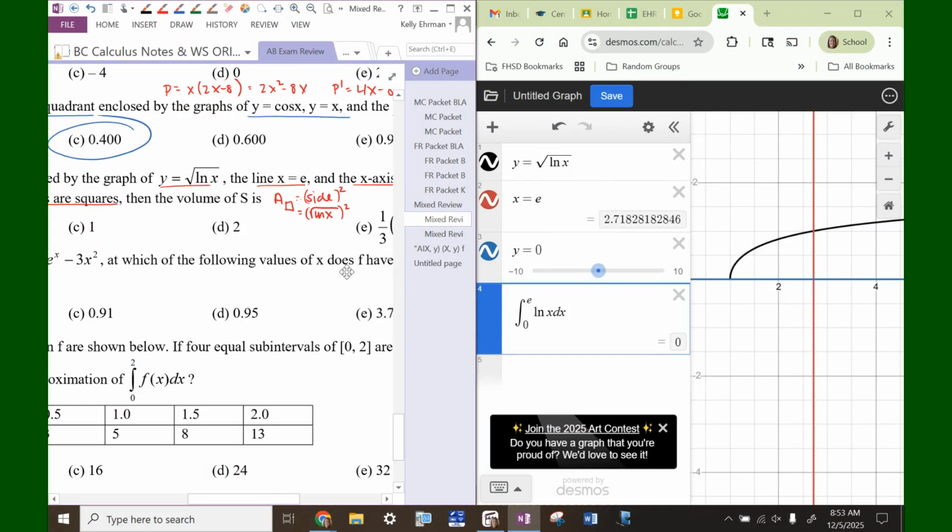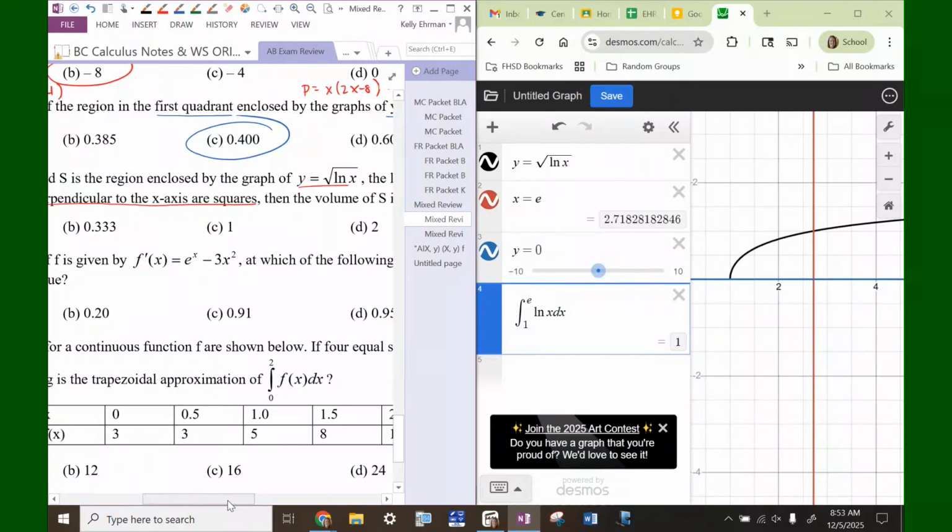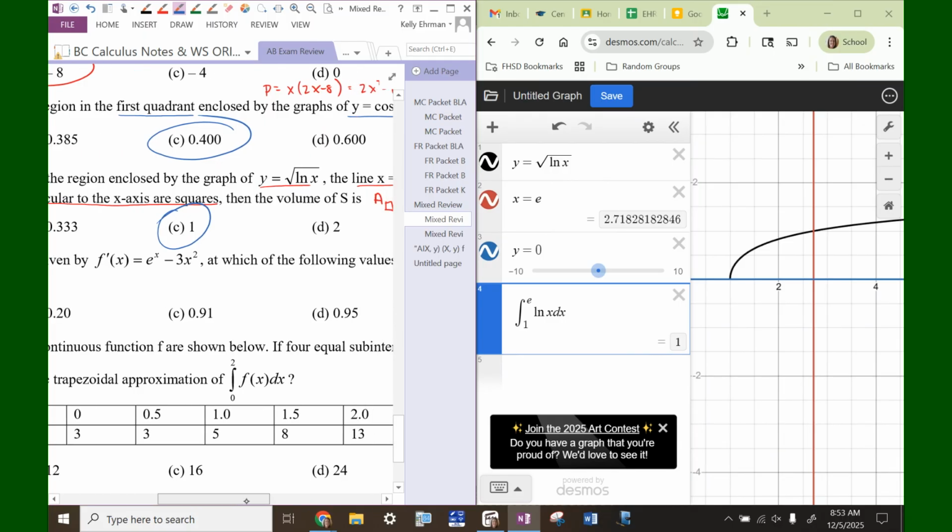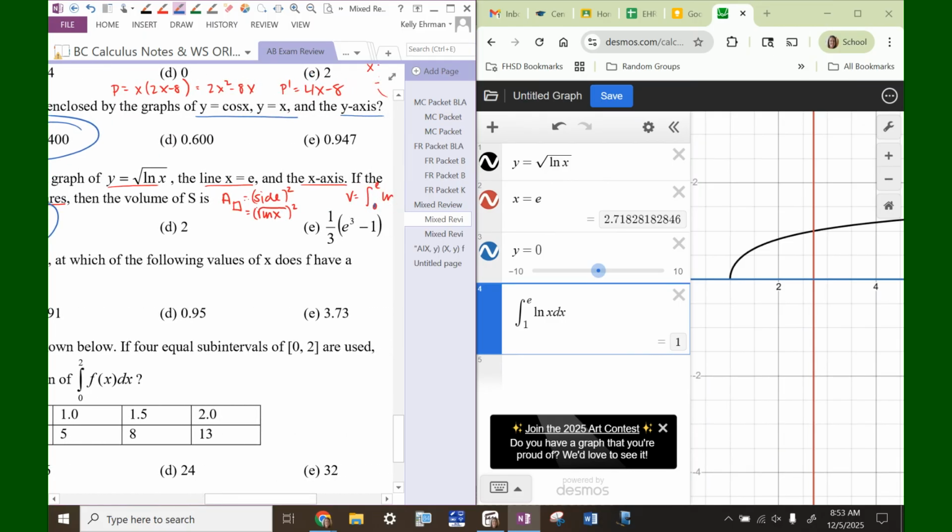This is the square root of ln x. Oh, wait, not from 0. From 1. There we go. We get 1. Is 1 an option? Yeah. So let's scratch that out and make that a 1.